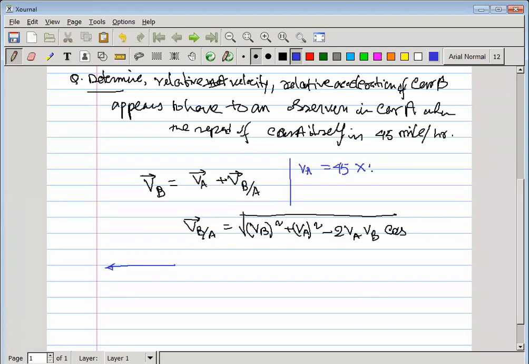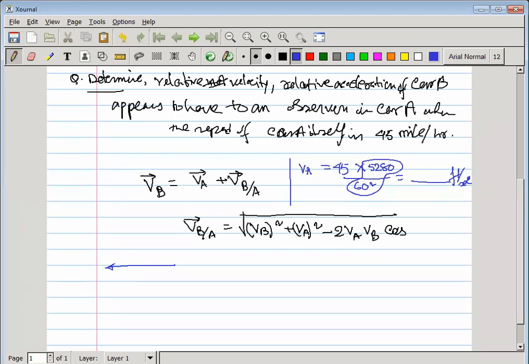To do that we multiply by 5280 divided by 60 squared. This is the formula to convert any miles per hour to feet per second. Any given magnitude in miles per hour, if we multiply with 5280 divided by 60 squared, it will automatically give us feet per second.